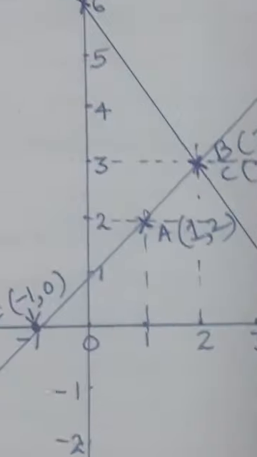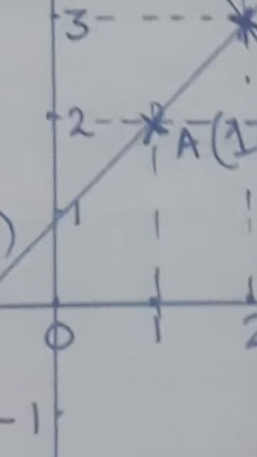The first point is x as 1 and y as 2. It means on the positive x-axis we have to move one step, and on y we have to take 2. See here how it has been plotted. On the positive x-axis this is 1, and we have drawn a dotted vertical line from point 1 on the x-axis upwards.